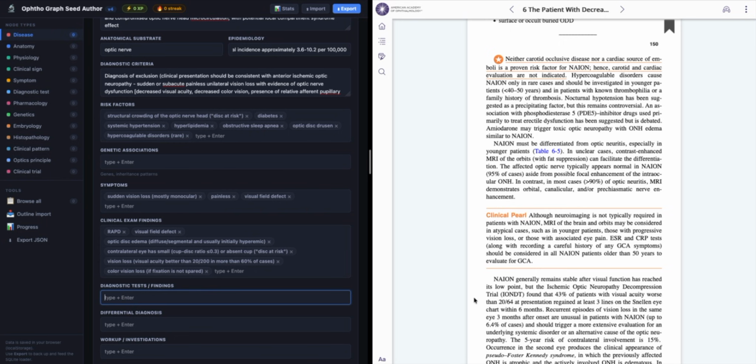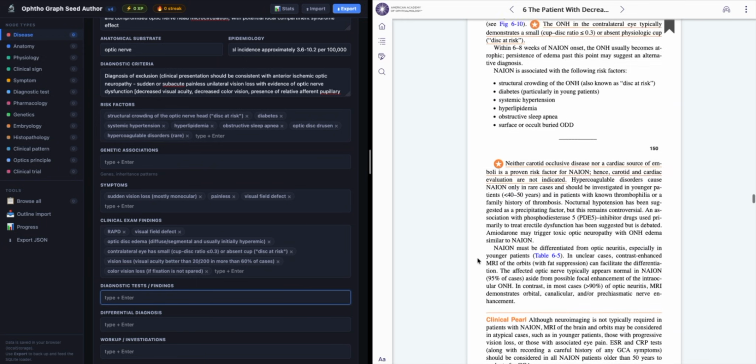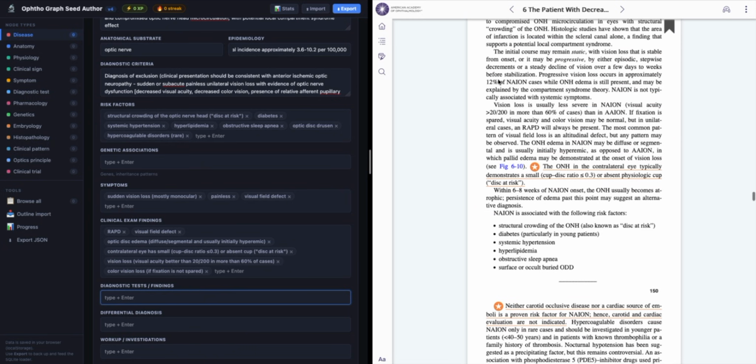It talks a little bit about some of these other things. So what are some of the diagnostic tests? Usually visual field defect. So what does the visual field see? Tells us the most common pattern of visual field loss is an altitudinal defect, but any pattern may be observed.